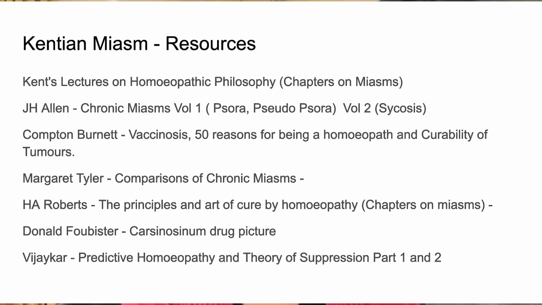Now, for Kentian miasms, I would look at Kent's Lectures on Homeopathic Philosophy, check for the chapters on miasms. It's a great place to understand constitutional miasmatic treatment, which is latent miasmatic treatment and secondary miasmatic treatment, right? Now, J.H. Allen has written 2 volumes, Chronic Miasms Volume 1, which is a great book on psora and pseudopsora, which is tubercular miasm, and then he's written Volume 2 on psychotic miasms.